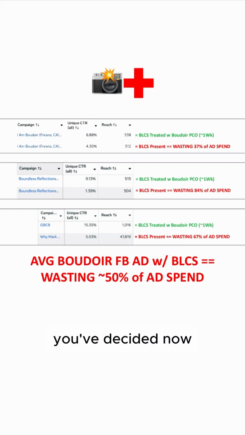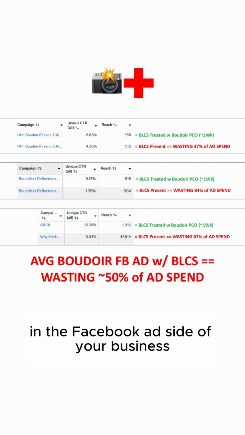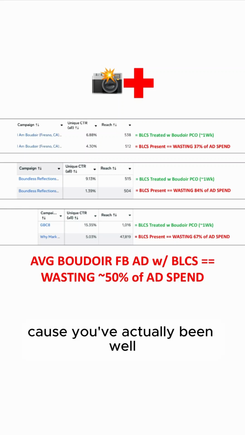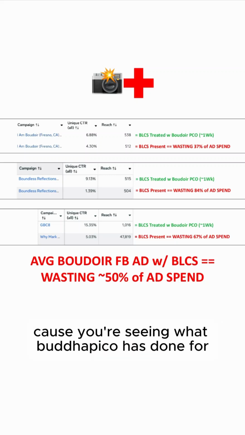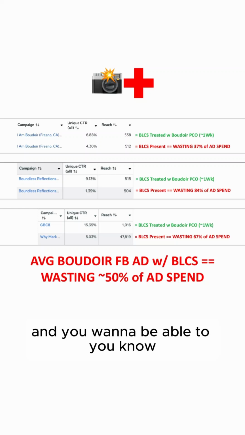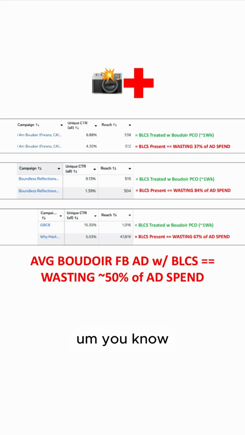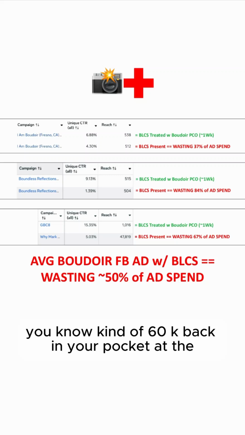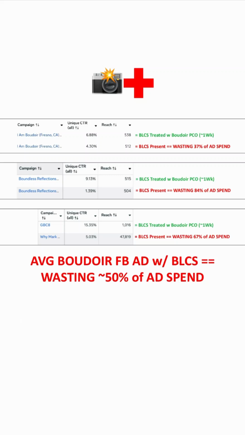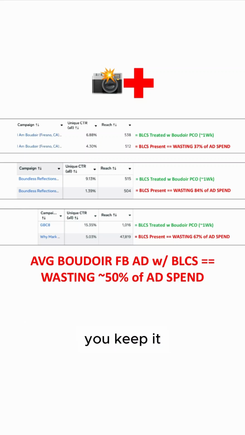You've decided now you need to do that same optimization on the Facebook ad side of your business, because you're seeing what Boudoir Pico has done for other people's Boudoir Facebook ads, and you want to get back in your pocket approximately 5K every single month, or 60K at the end of the year. With that wasted ad spend 100% eliminated, you don't have to spend it, you keep it.